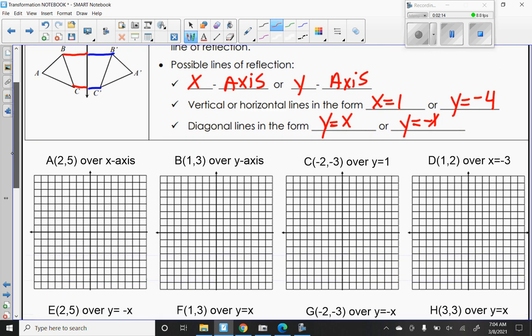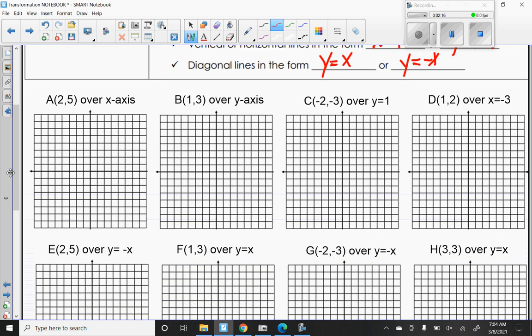All right, so here I'm going to show you just reflecting a point. We have what we call a pre-image, which is our original point, and the new image is called the image. So we have a pre-image and an image. First off, what we're going to do is plot (2, 5).